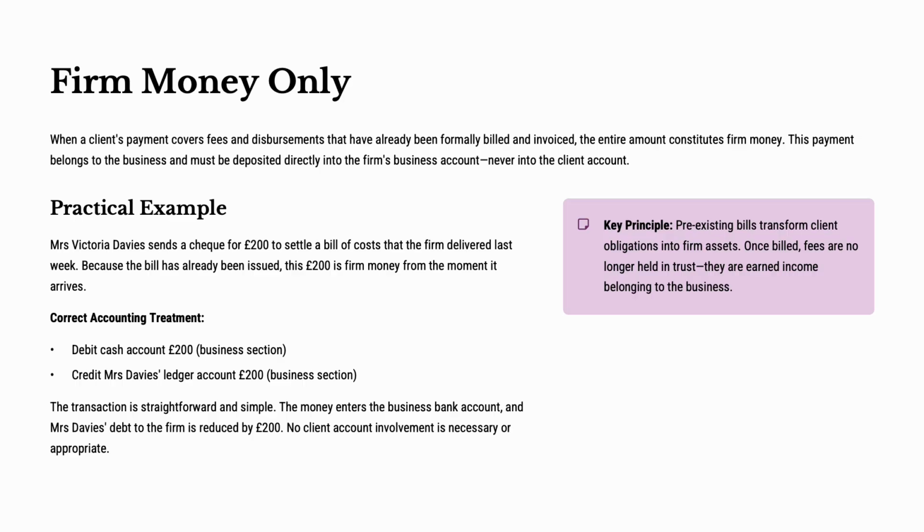The first entry is to debit cash account £200 in the business section and credit Mr. Davies' ledger £200 in the business section. It's simple bookkeeping, but accuracy is the key. So once again, the key principle is that pre-existing bills transform a client obligation into a firm asset at that point. Be mindful of that fact.